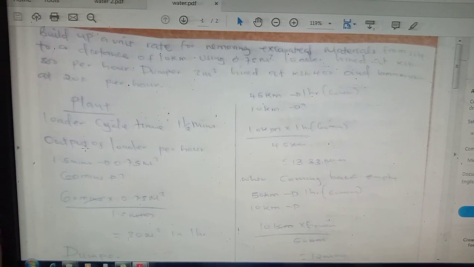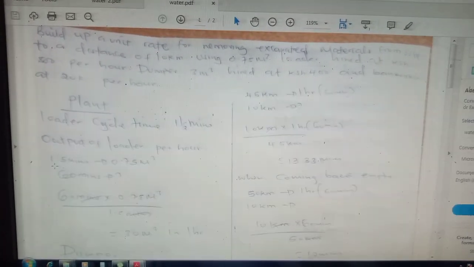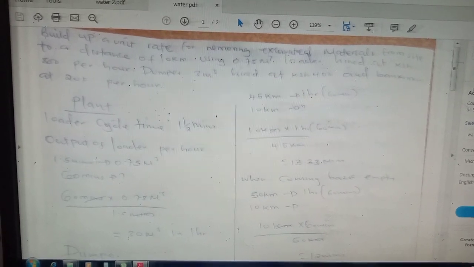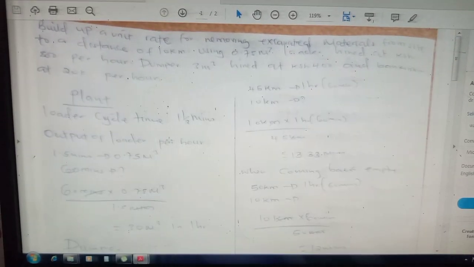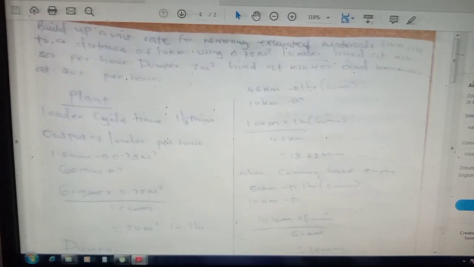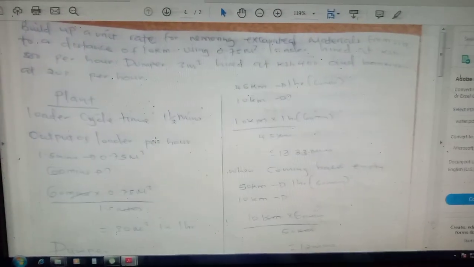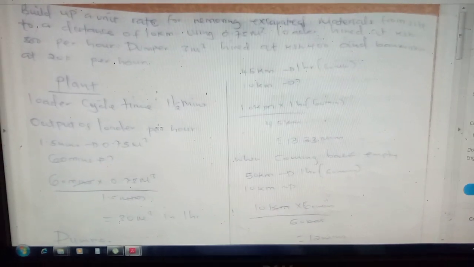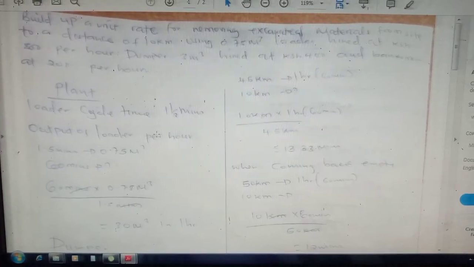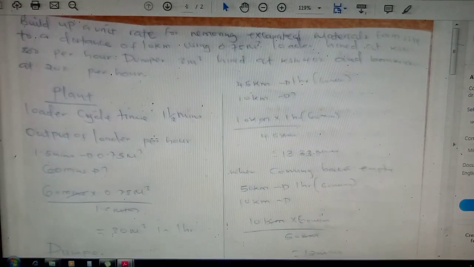So you calculate the output of that loader. You will say 1.5 minutes is equal to 0.75 cubic meter. Remember, 0.75 cubic meter is the capacity of the loader. So in 1.5 minutes, the loader will have poured a volume of 0.75 cubic meter of the excavated materials.